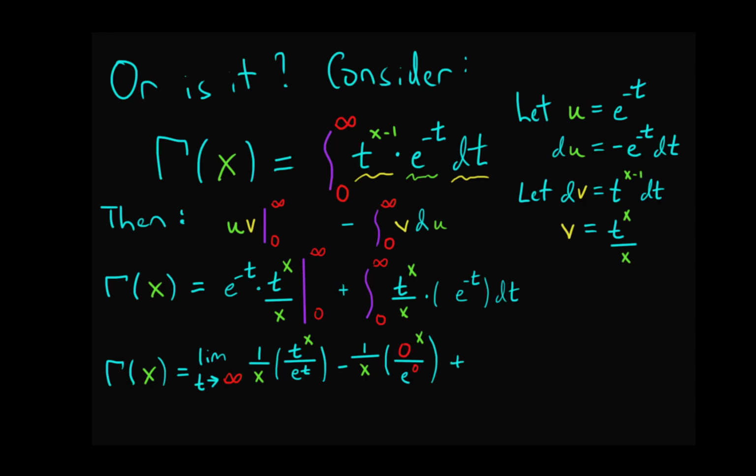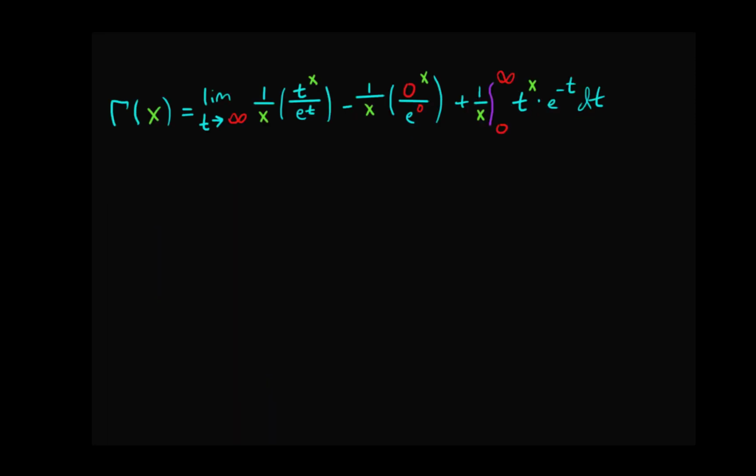And now I'm just going to change that negative sign to a positive because I had a double negative there. So this is plus the integral from infinity to 0, pulling out that 1 over x again in front of the integral since it's a constant. The integral of t to the x times e to the negative t dt, and I'll move that whole expression to the top line there.